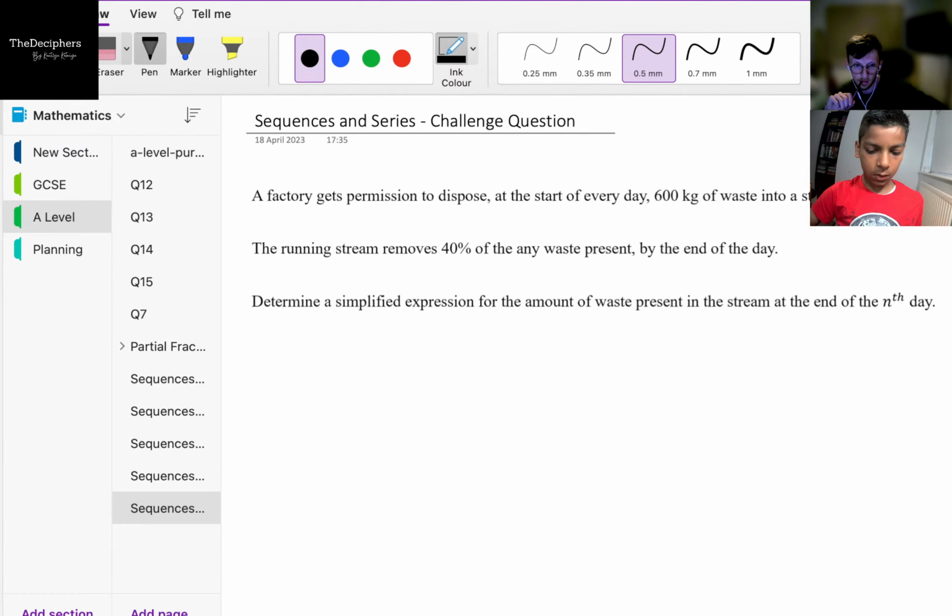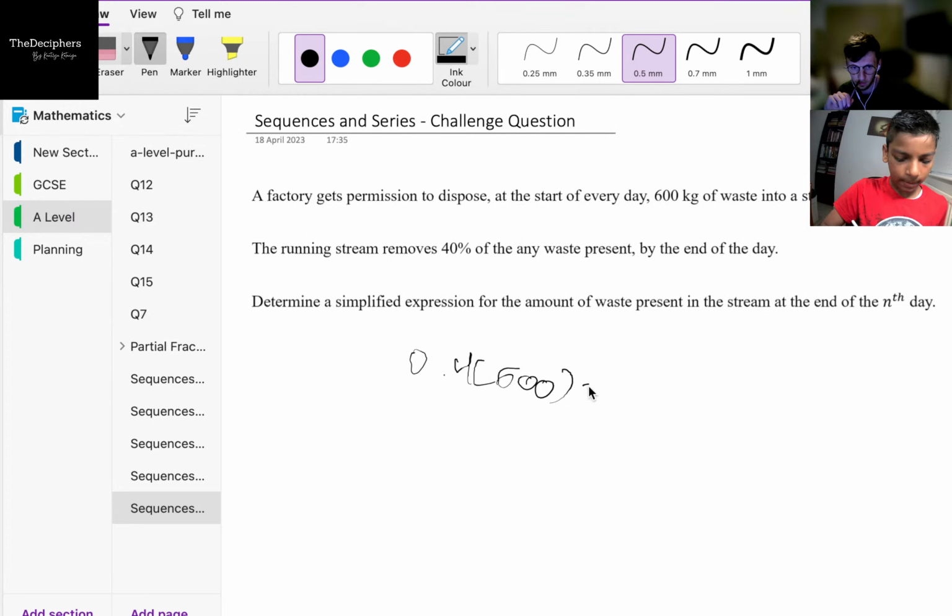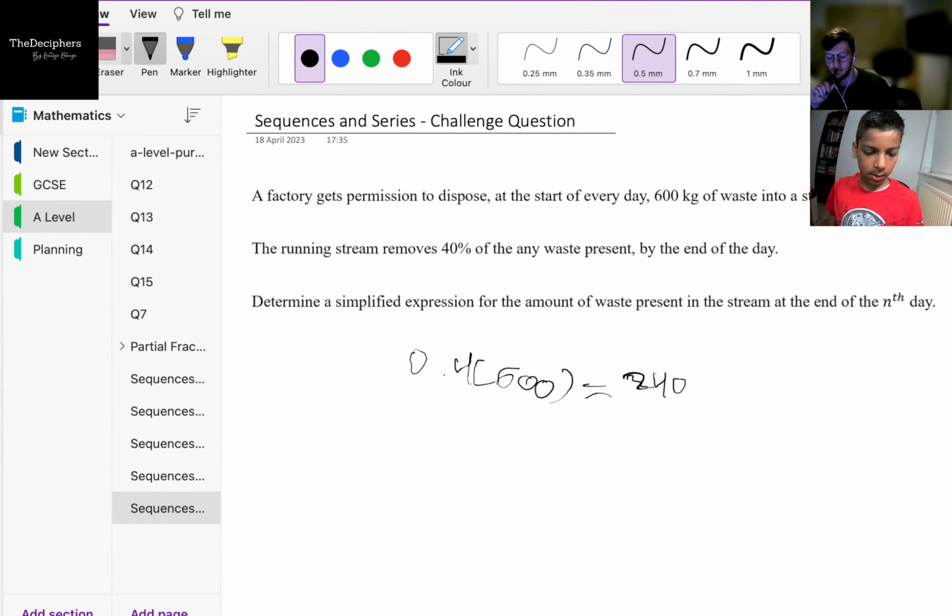So 600 of it goes in and it removes 40% of them, so 0.4 times 600 is 240. So every day it's 240. So I guess that's actually periodic with order 1.